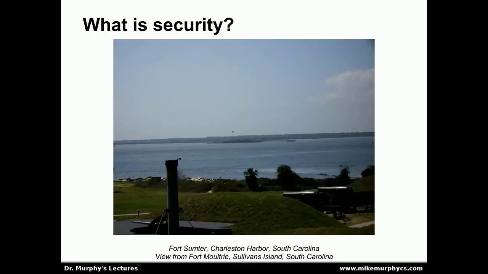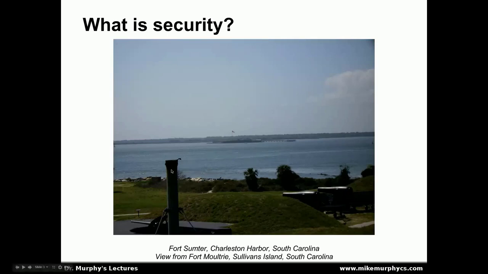In this photograph, for example, we can see out here the island fort known as Fort Sumter, which guarded the entrance to Charleston Harbor in South Carolina and provided a secure barrier equipped with cannons to attempt to deter enemy ships from sailing into the harbor.